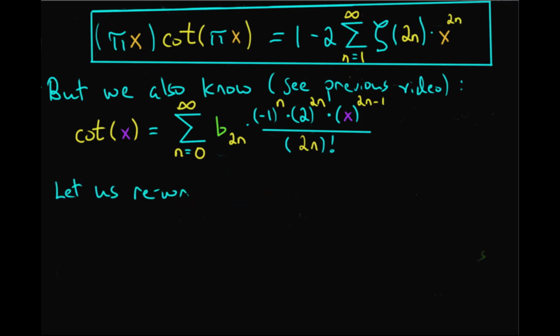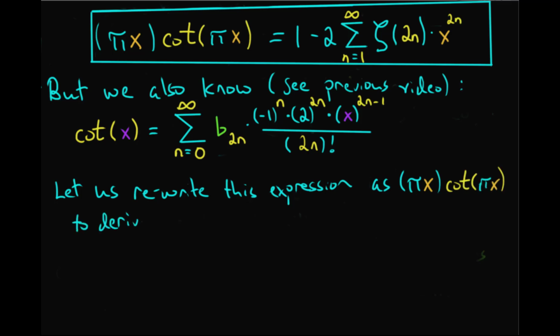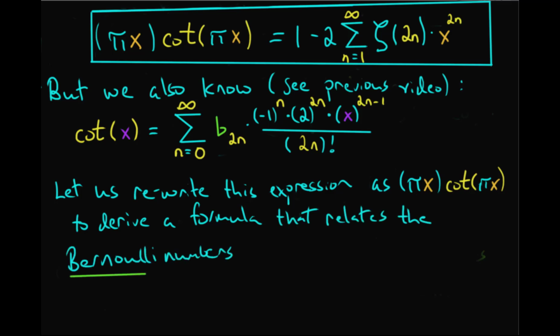So now I want to rewrite this formula for cotangent of x as pi x times cotangent of pi x, because by doing that, I can then compare it with this other formula for pi x cotangent of pi x that we just derived and establish a relationship between the Bernoulli numbers and the values of the zeta function on the positive even integers.